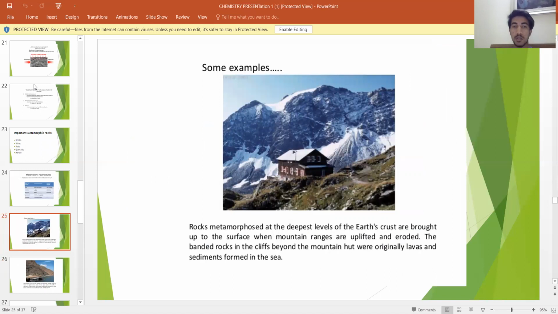There are some examples of metamorphic rocks, like rocks metamorphosed at the deepest levels of the earth's crust or brought up to the surface when mountain ranges are uplifted and eroded. The cliffs beyond the mountains were originally lavas, but these were converted later on, and these are examples of metamorphic rocks.